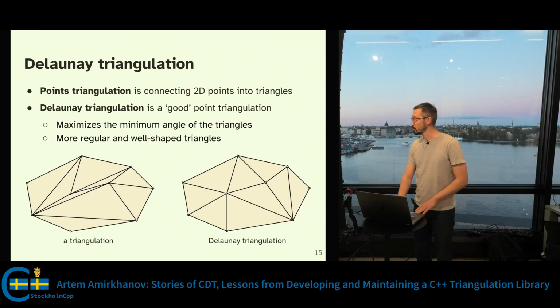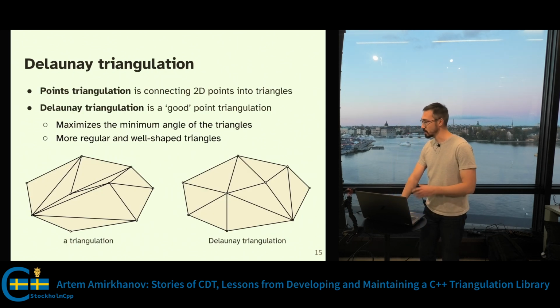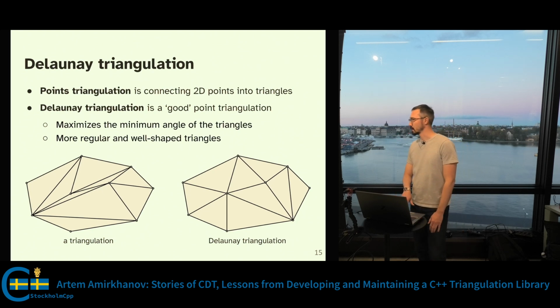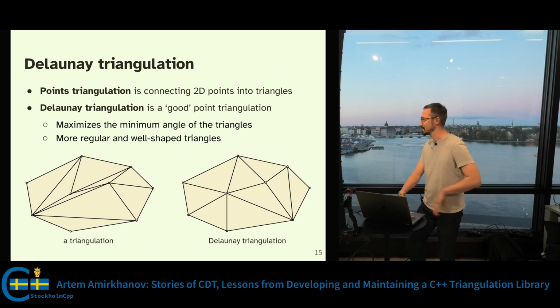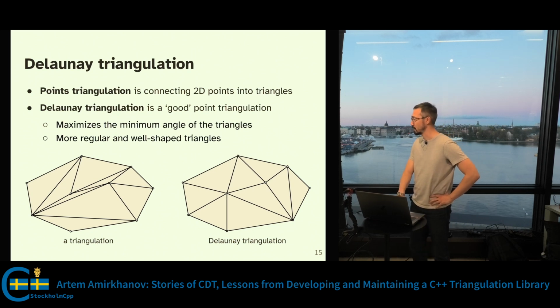So what's the Delaunay triangulation? It's a triangulation. A triangulation of points is when you take the points and connect them into triangles. And Delaunay triangulation is a good kind of triangulation. One might even say it's the best kind of triangulation, but according to a certain criterion: it maximizes the minimum angle of the triangles.